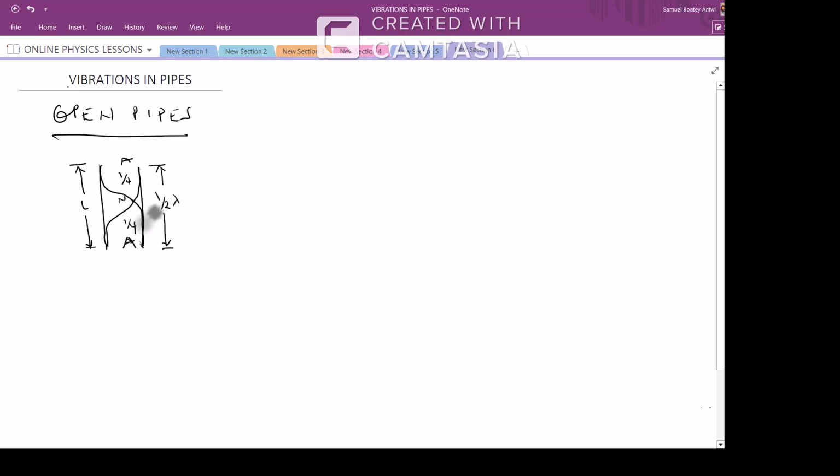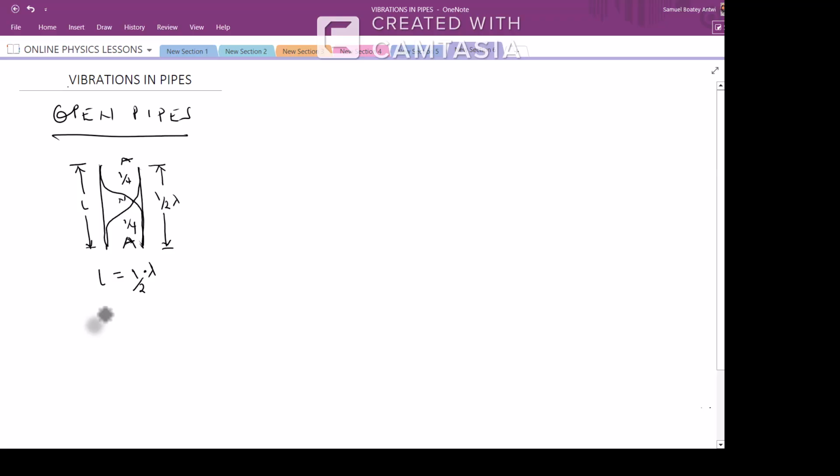So when you put the two lengths together, you have 1 over 2 lambda, which is the wavelength. All right. And we already know that we are working with the assumption that the length of the pipe is equal to, in this case, 1 over 2 times the wavelength, or half a wavelength.